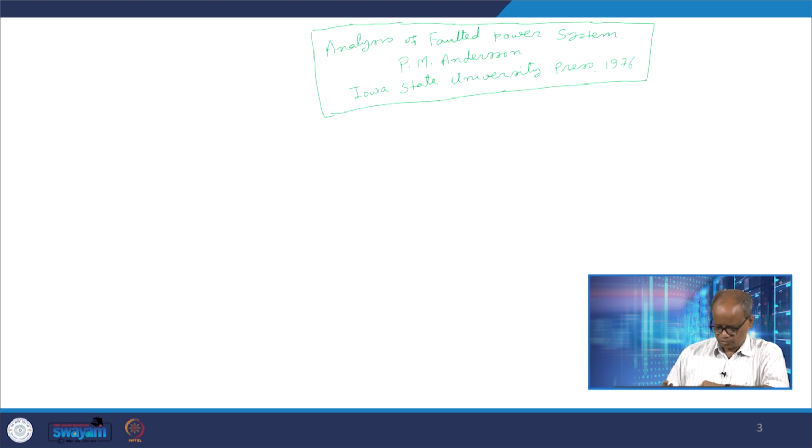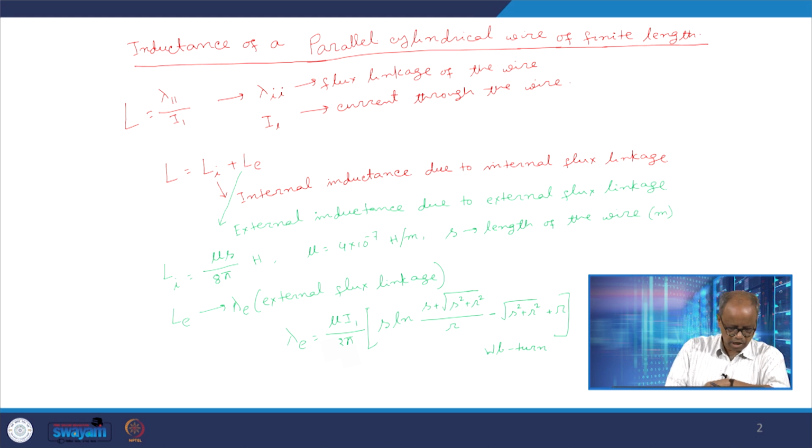Now, another thing I should have mentioned here: r is the radius of the conductor, and S we have already said is the length of the conductor.